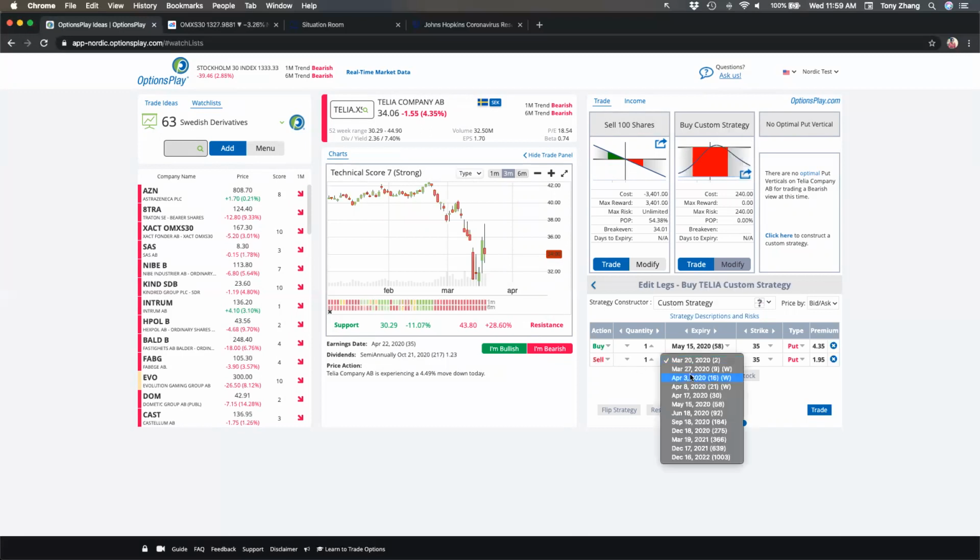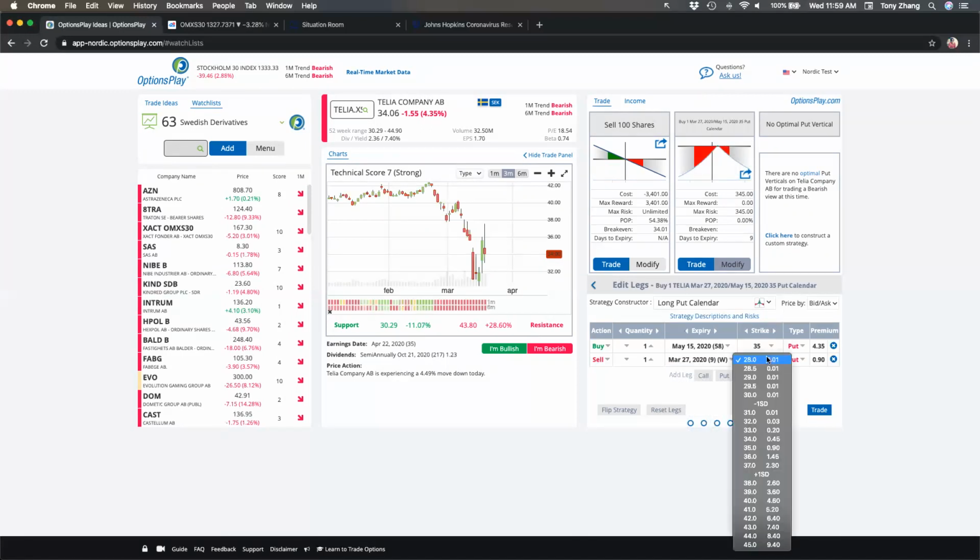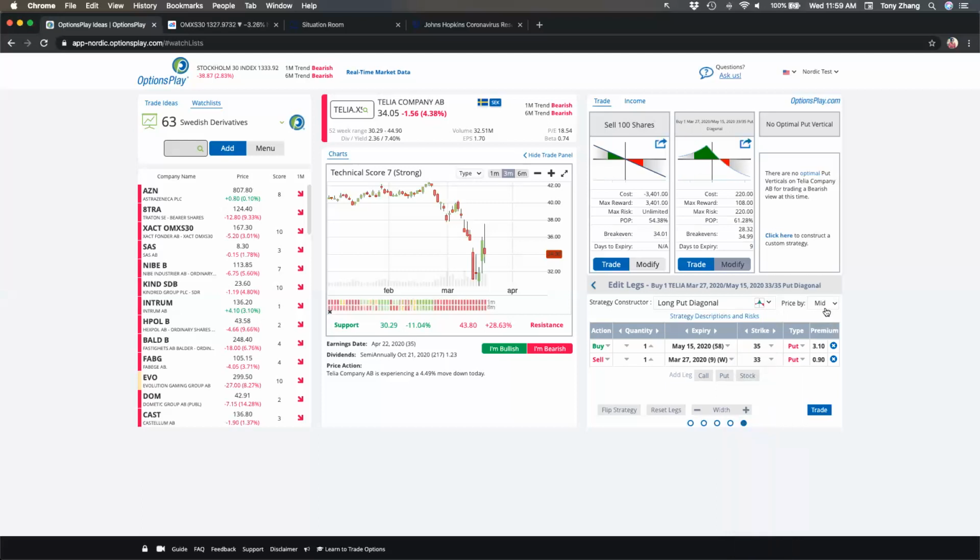Same thing, we want to sell short-dated options. So let's say we sell a 30, let's see. We're really not receiving much here. If we buy that 35 put option, first of all, the mid price here is about 3 crowns, or 4.5 crowns.